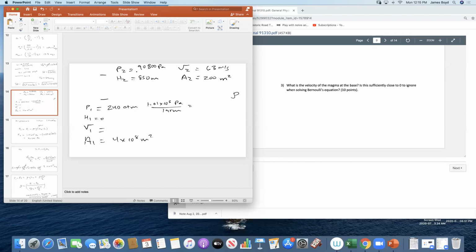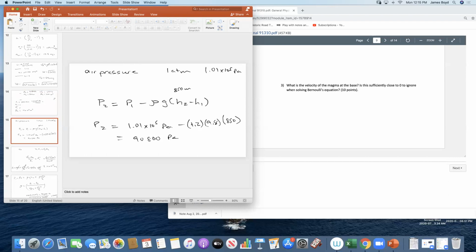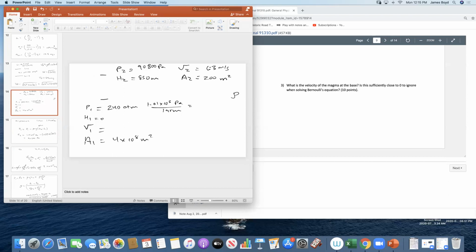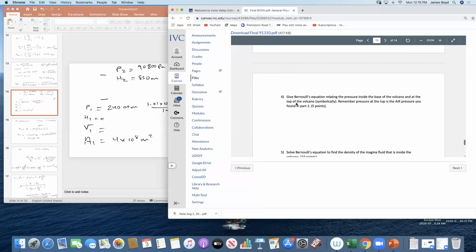What you had to know, though, was that this was the pressure of the air here, right? So once you have P1 and P2, V2 and V1, A1, A2, H2, H1, the only thing left to find in this problem is the density. And the density of lava, it turns out, is around 2,400 kilograms per meter cubed. Okay.